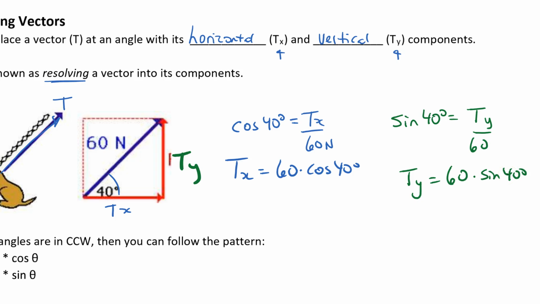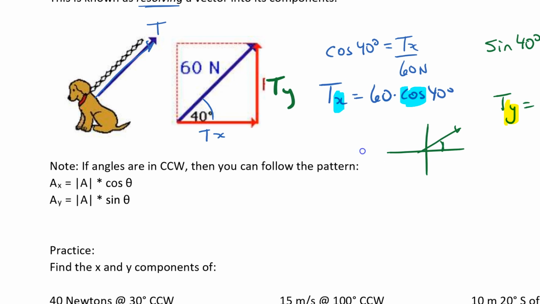Okay, I just want to point out this pattern here. When I'm measuring the angle off of the x-axis, or the east-west axis, we have this pattern that x goes with cos and y goes with sine. So here's what I wrote down here.